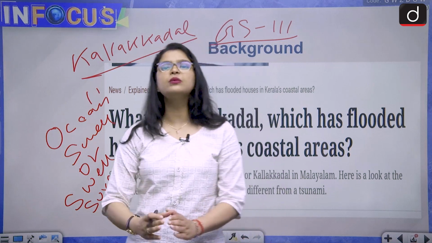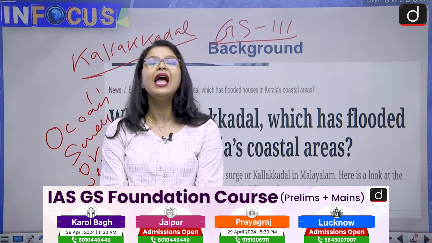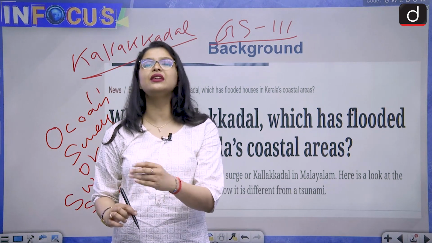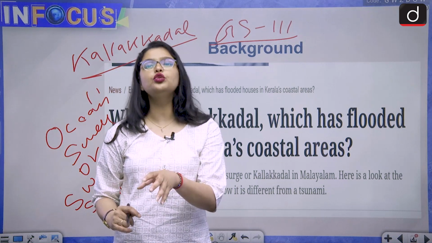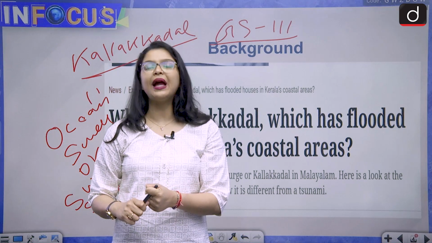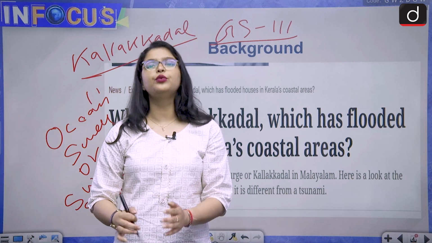It is responsible for causing flooding in several coastal areas of Kerala, and these floods are currently happening. Kerala is impacted by these kinds of floods, and they usually occur in the pre-monsoon season. The worst impacted areas include Alappuzha, Kollam and Thiruvananthapuram districts.